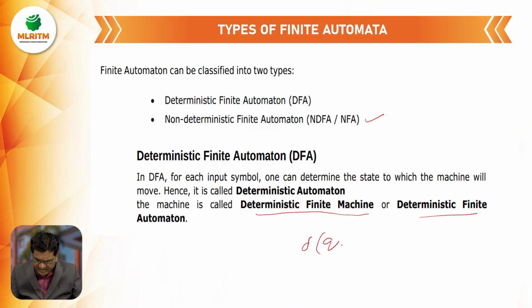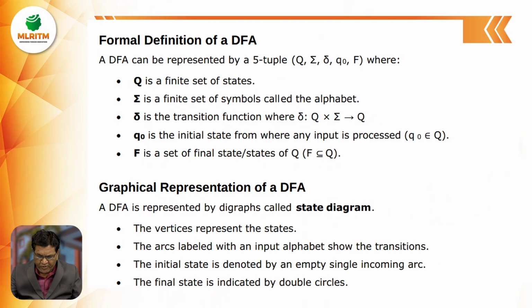Delta is the transition function, q0 is the current state, and a is the current input. It goes to the next state q1 only. That is the deterministic finite automata.